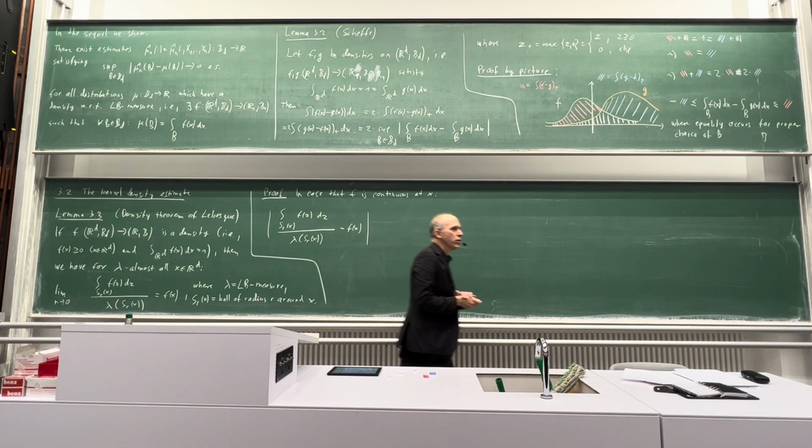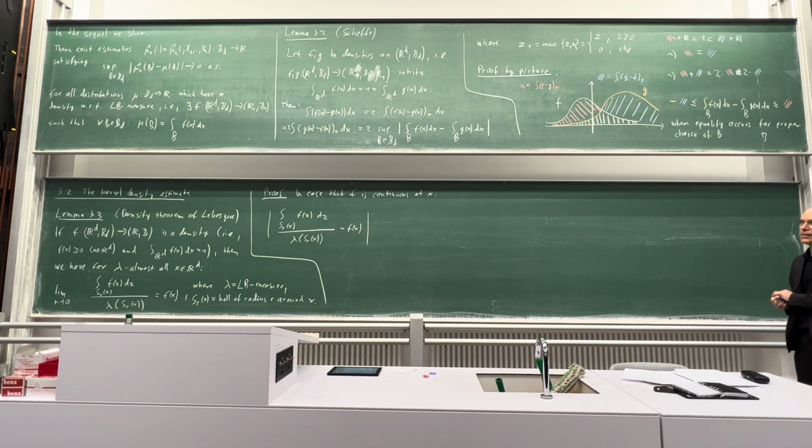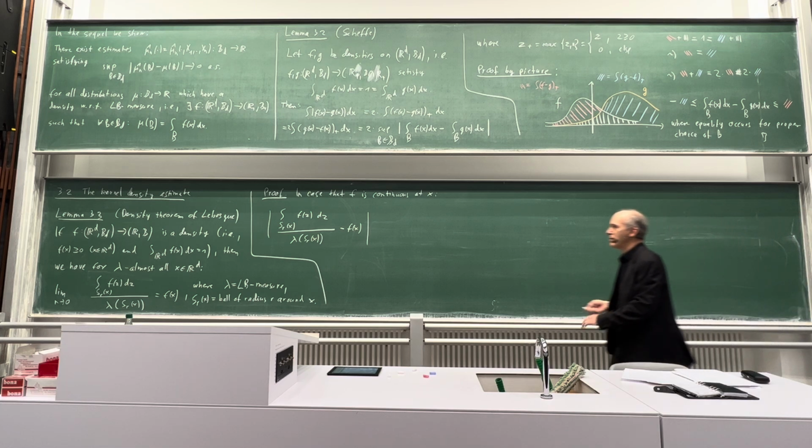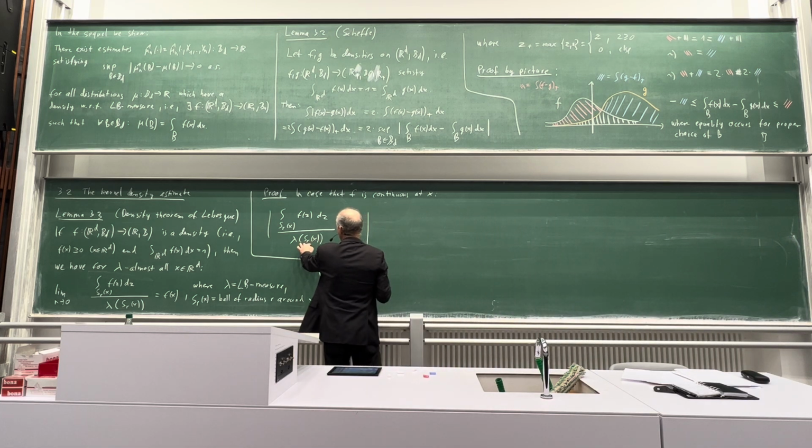The absolute value, and I show that this absolute value converges to 0. You replace f(x) by the integral, f(x) is the same as the integral over the constant function f(x) over this ball S_r(x), divided by the Lebesgue measure of S_r(x).